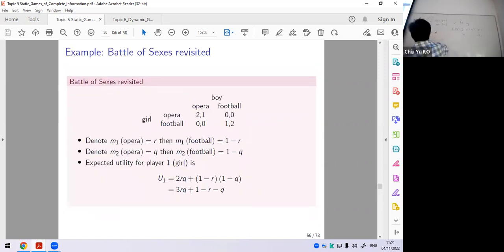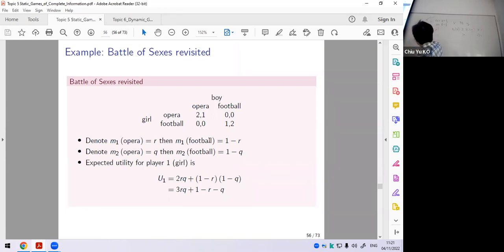Usually they tell you the quick shortcut: opera, football, it's R, 1 minus R, Q, 1 minus Q. The payoffs are 2, 1, 0, 0, 0, 0, 1, 2. You're indifferent over this and this in a pure strategy.